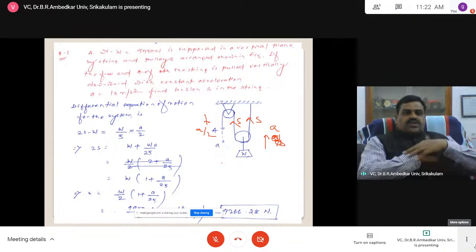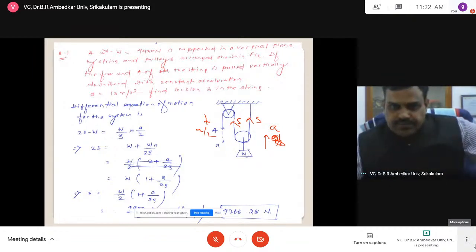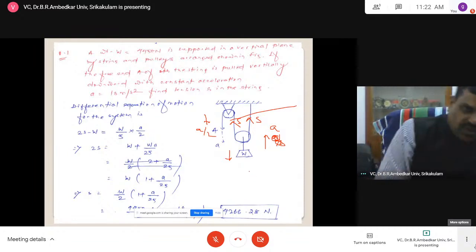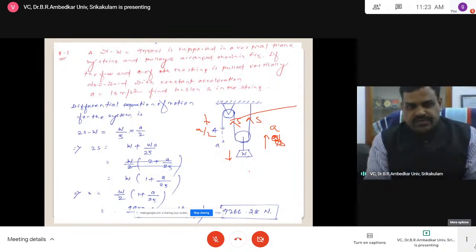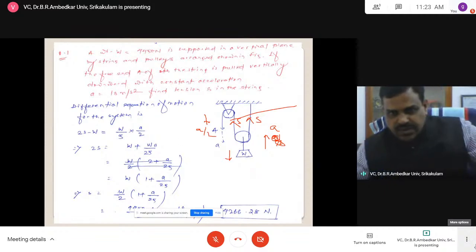Okay, the previously derived. You cut it like this. Now this is the free body diagram, weight acting downwards. Now find out the acceleration from Newton's second law. Sorry, here actually this is A, means this is A by 2, not this.